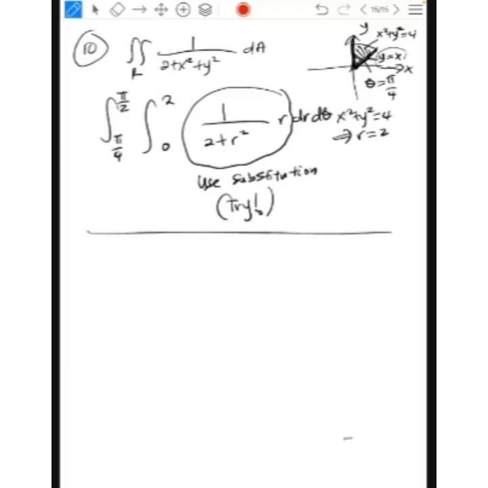Okay, question 11. Evaluate the iterative integral by converting to polar coordinate. Okay, so it is easier if you can sketch the region back.